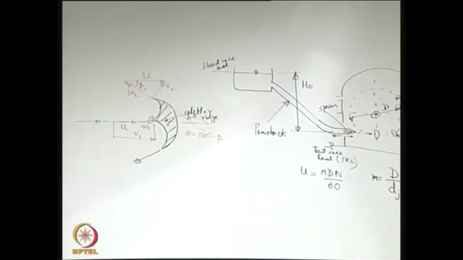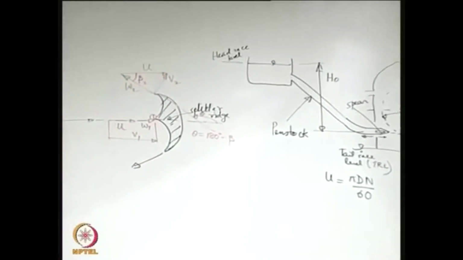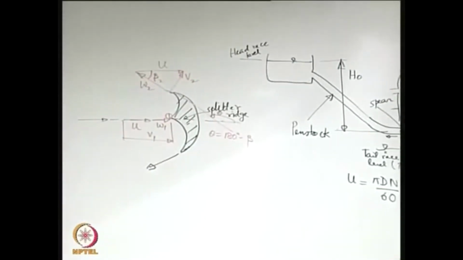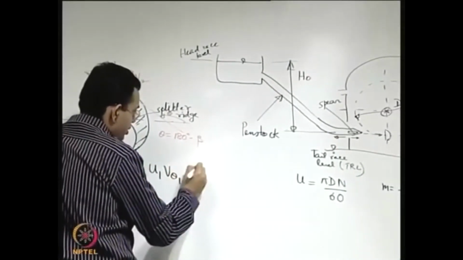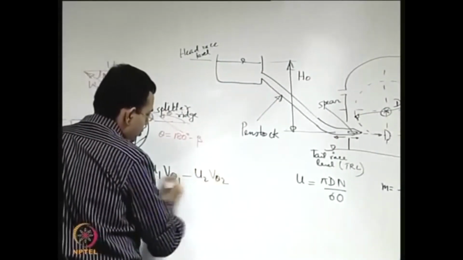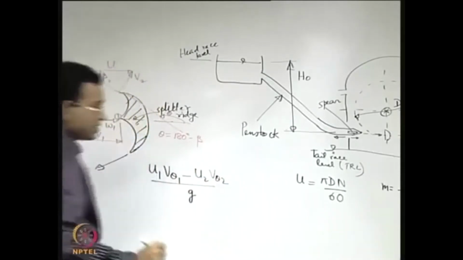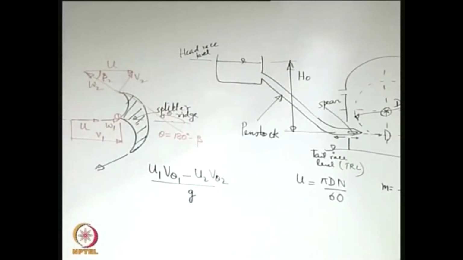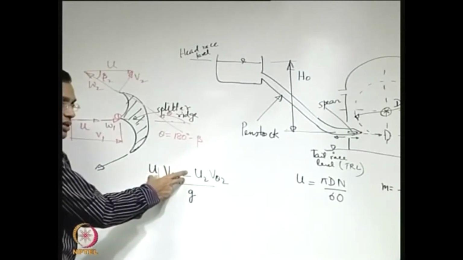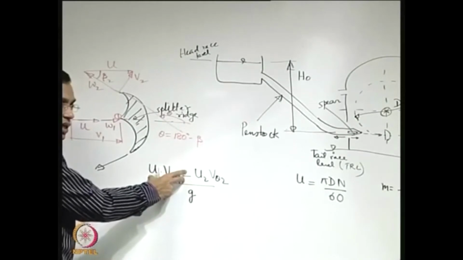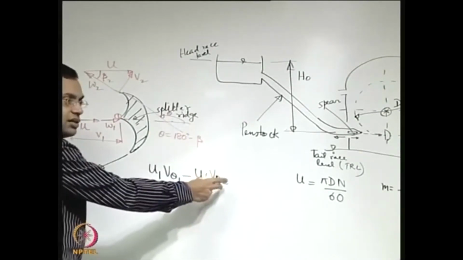So let us find out what is the power developed. You should have u1 v theta 1 minus u2 v theta 2 by g as the head developed. The fluid had a particular head with which it entered, it sacrificed some head and its head came down.